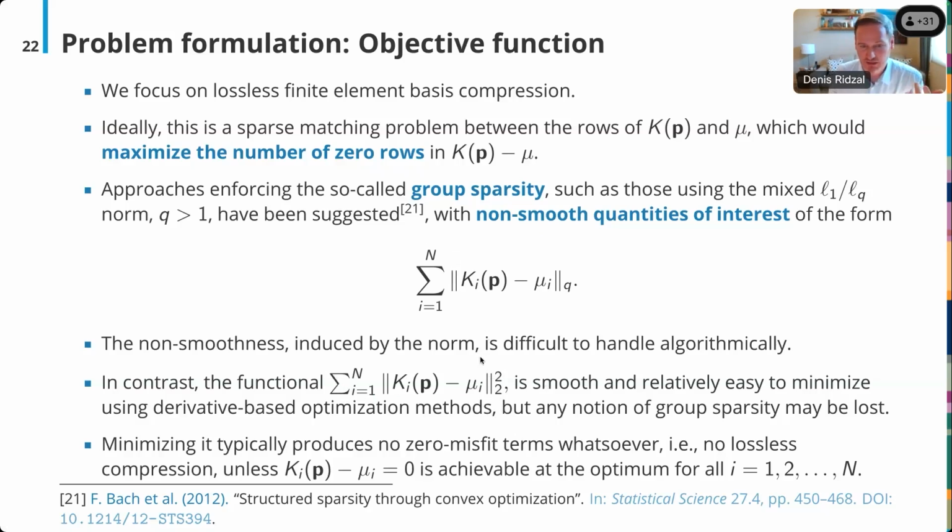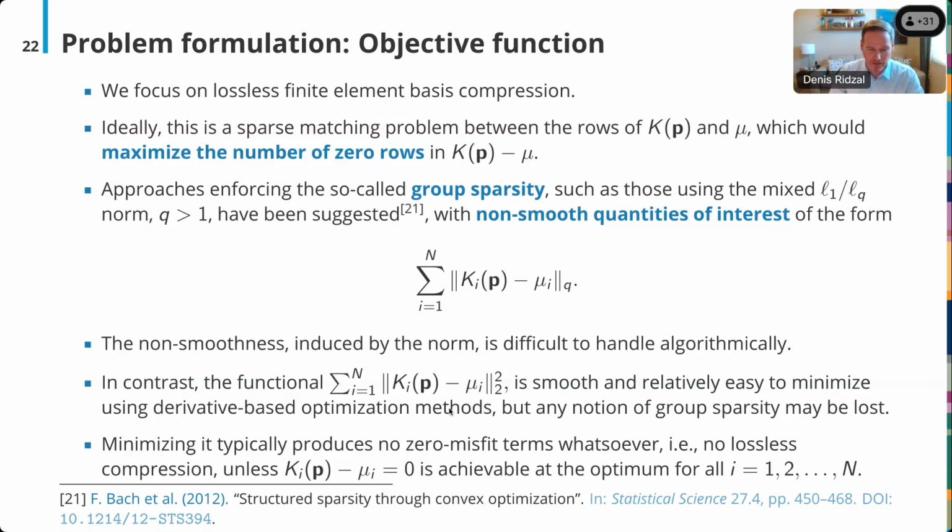So you're not targeting maximizing the number of zero rows at all. This is because the misfit across all these quantities is basically smeared across the entire mesh. And so you will reduce this misfit for the whole mesh, but none of them will be actually close to zero.